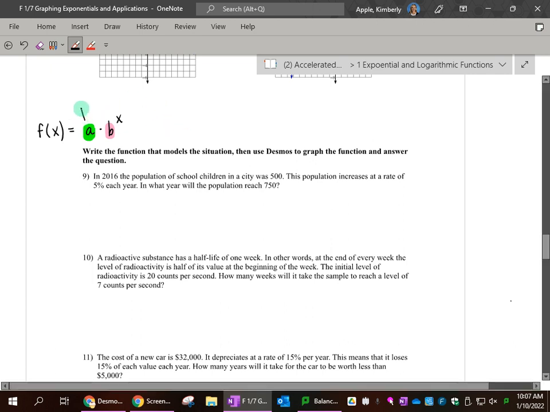So the a is the initial value or the starting value. And the b is the growth or decay factor. I'm just going to write growth factor. And in general, x represents the time.